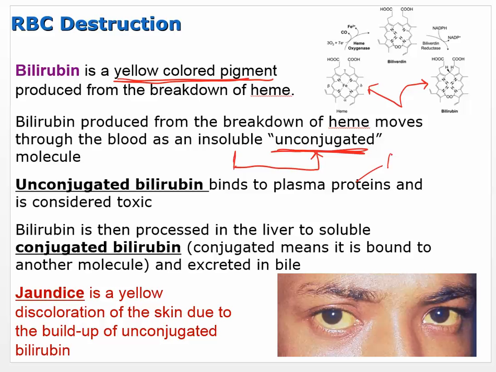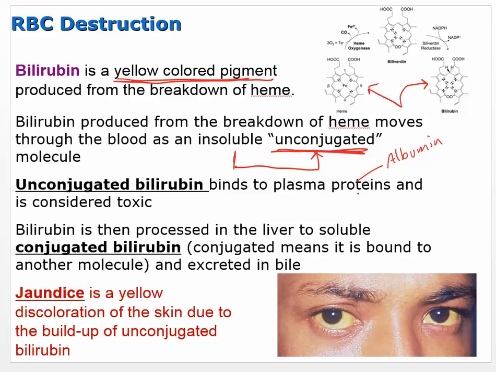And when we talk about plasma proteins, we're usually talking about something called albumin, which is like egg whites. There are lots of albumin molecules floating around in the blood. Those are soluble, and they keep the osmotic potential of the blood right. And so a lot of the bilirubin is just floating.